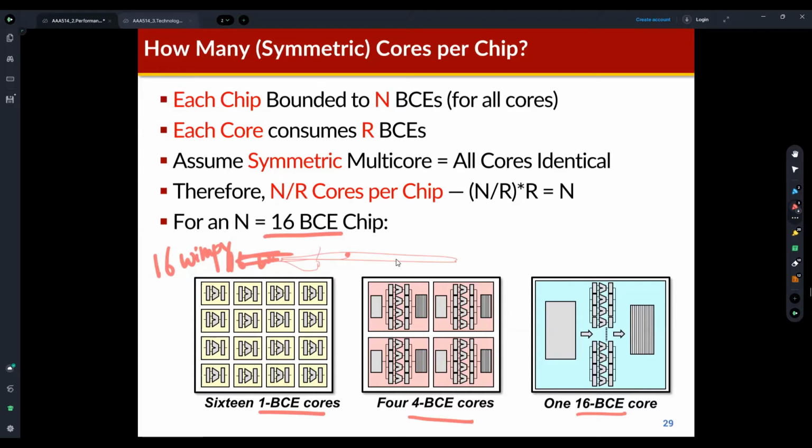Then, how is the performance applied for this symmetric multi-core architecture?